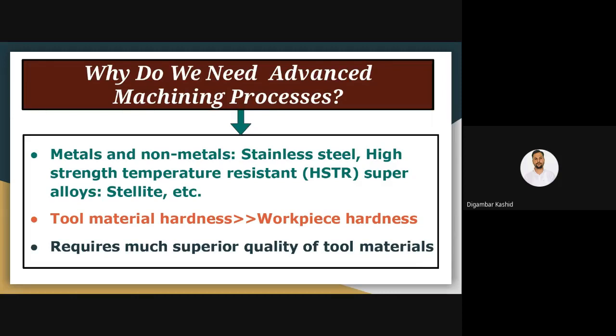So no need to go for superior quality tool materials. Using advanced machining processes you can do the machining operation. So this is the third situation, from where you will get the answer to your question: why do you need advanced machining processes.